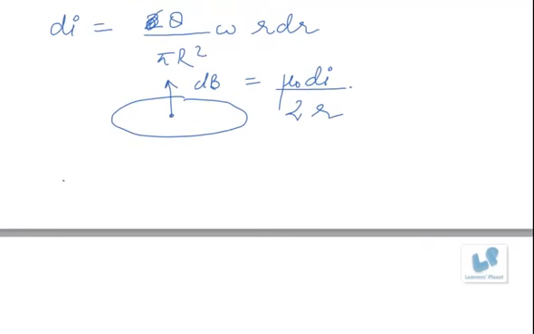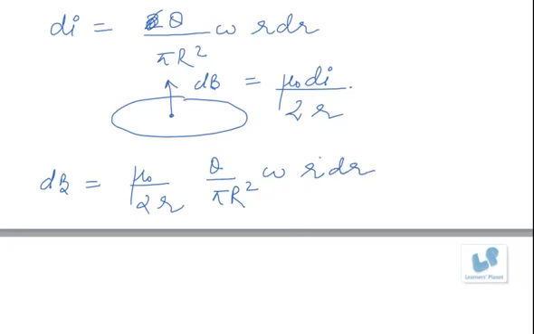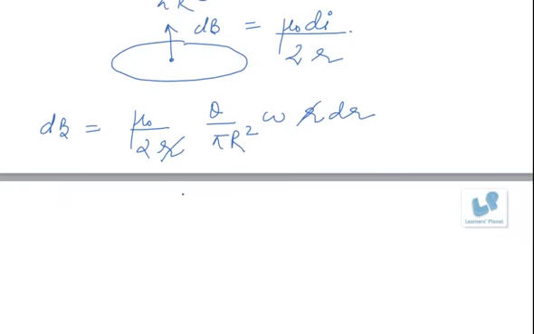Now if we substitute the value of di here, dB will be equal to mu naught upon 2r times q upon pi R square omega r dr. Here r and r will cancel out and we will have dB equal to mu naught upon 2 pi R square q omega dr.